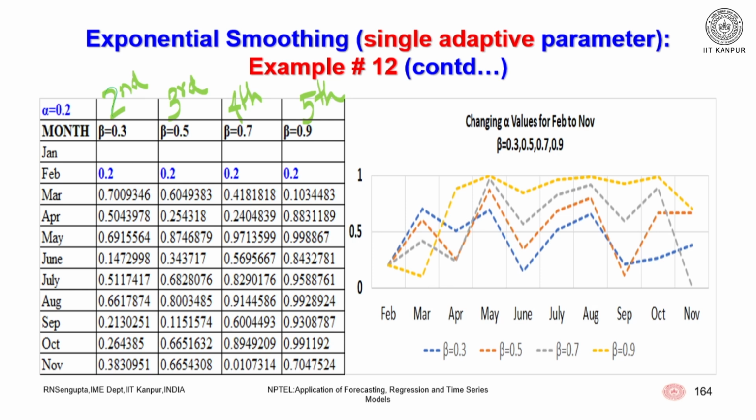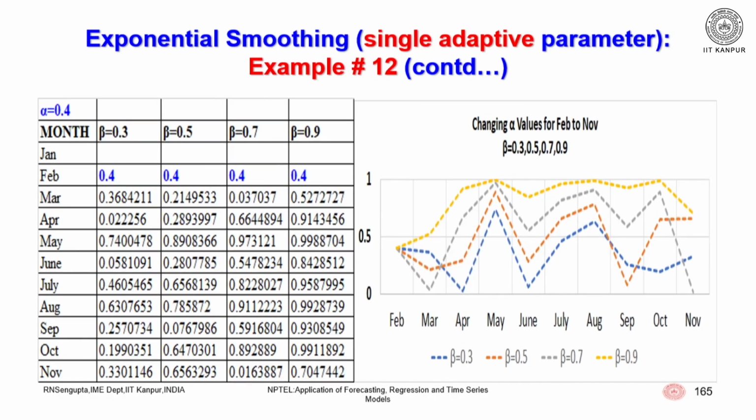What does this graph signify? If you notice, there is a fluctuation obviously for all values of beta. Because the actual data values are changing, hence the alpha value adapts itself in such a sense that you will be able to forecast the values much better than the non-adaptive one, but you have to consider some value of beta for which your metric, which can be either mean absolute error, standard deviation, U statistic, weighted average, whatever, can be minimized to the maximum possible extent.